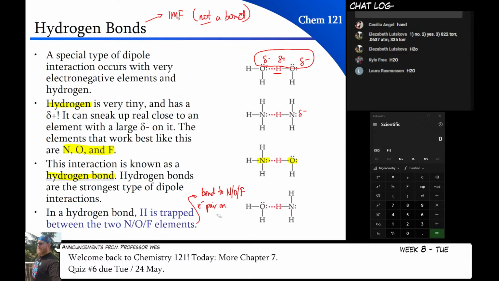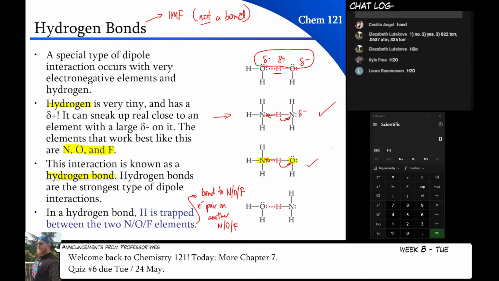So the important requirements for this are that your hydrogen is bonded to either a nitrogen, oxygen, or fluorine, and it's also oriented towards the electron pair on another nitrogen, oxygen, or fluorine. So, for example, if I look at this pair of molecules here, my hydrogen is bonded to a nitrogen and is pointed at the electron pair on another nitrogen. So that checks out. This hydrogen is bonded to an oxygen and pointed at the electron pair on a nitrogen, so that works too. So on and so forth.